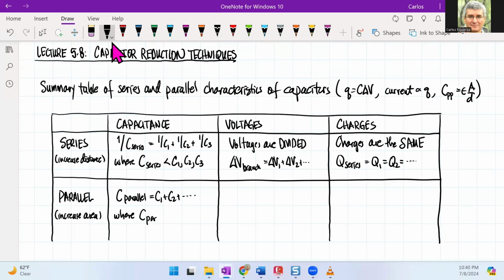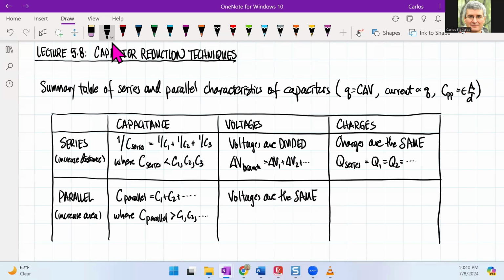C parallel is always greater than any capacitor value. For parallel, there's only two equipotentials, so therefore we say that voltages are the same. They are not divided.